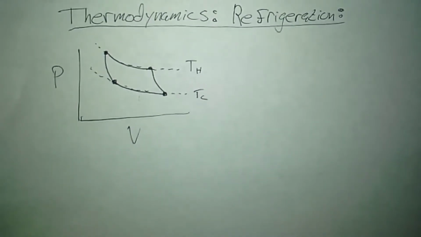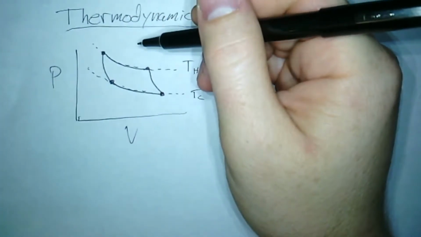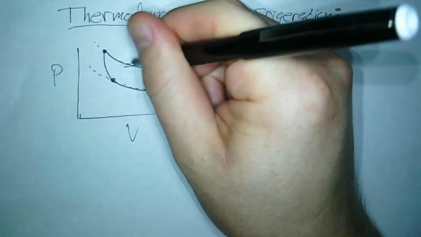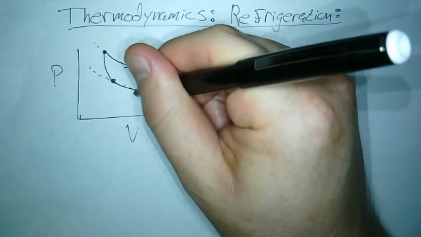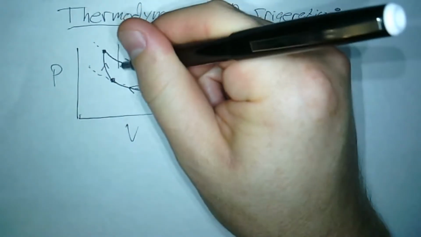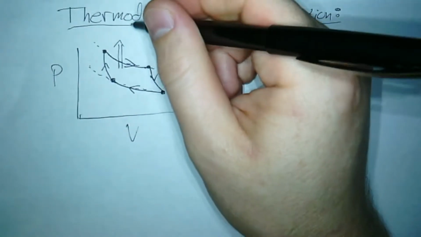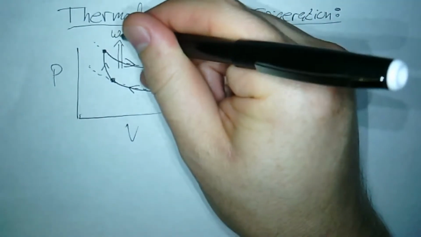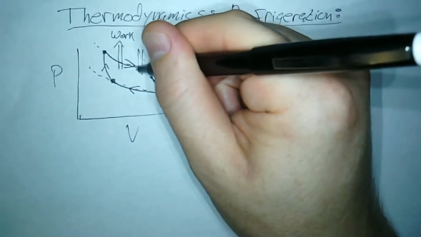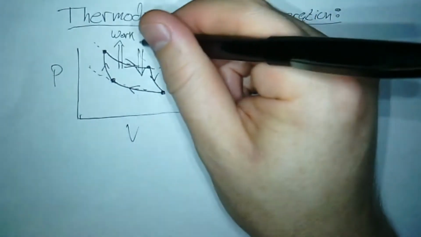When we ran it before, in the last lecture video, we had it going this way. And so we had work coming out here and heat flowing in from the hot reservoir.